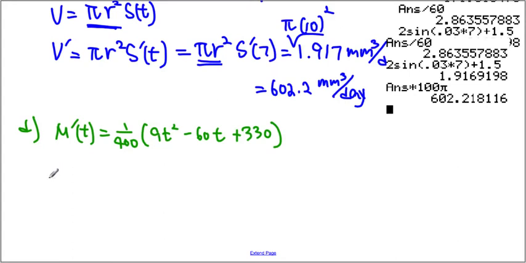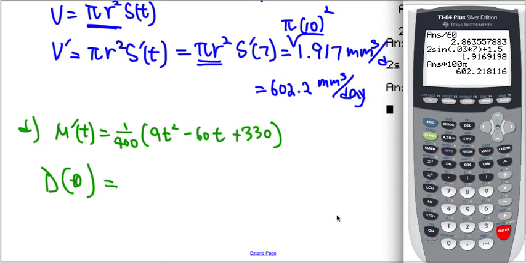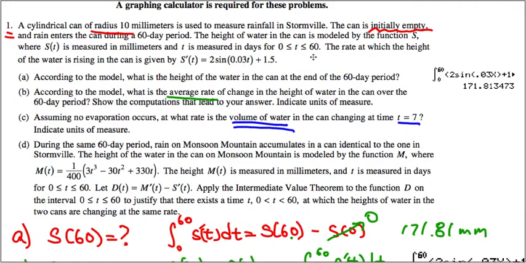Intermediate value theorem. So for example, what was the initial value? D of 0. D of 0 is simply when the first portion is equal to 0, and then the second portion also has to be equal to 0. Then, according to our calculator, what we can do is this. 1 over 400 multiplied by 330, simply because these two values will be equal to 0, minus, right over there.